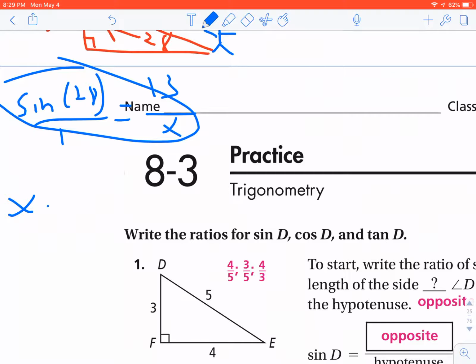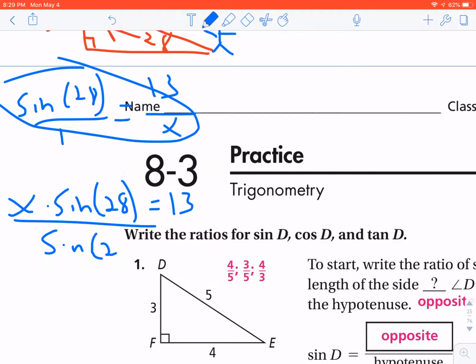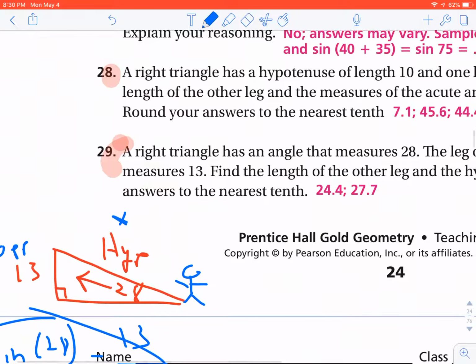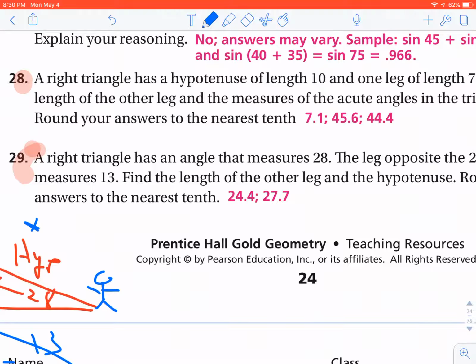You get x times the sine of 28 is equal to 13. Divide by the sine of 28. And when you do that, you get 13 divided by sine 28. Then you get 27.69, which they want you to round to the nearest tenth, so you get your 27.7 there.